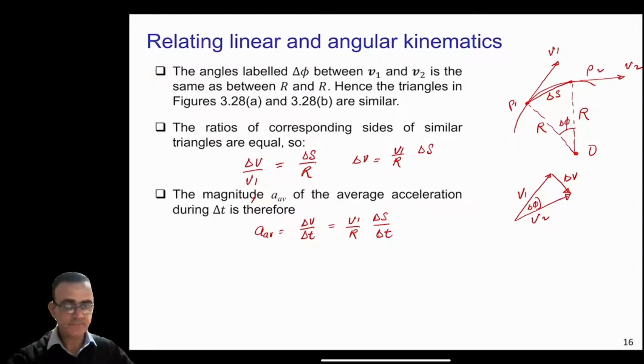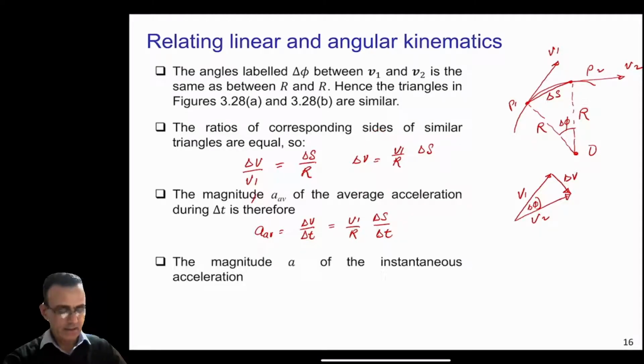And now the magnitude a of the instantaneous acceleration, a here, is when the limit of delta t approaches 0. So we will write that v1 divided by r and delta s divided by delta t.